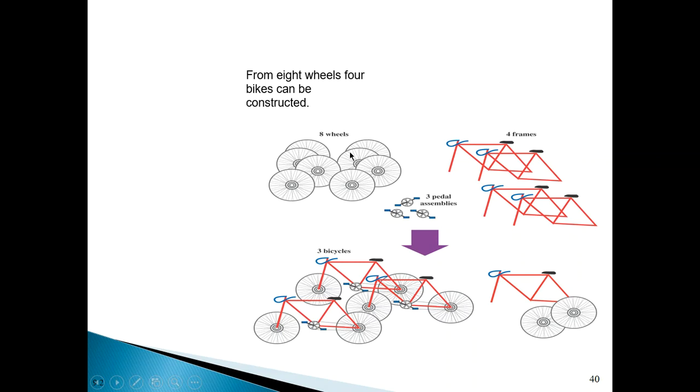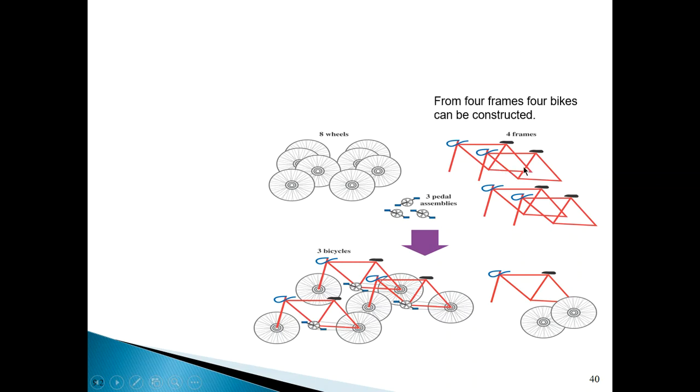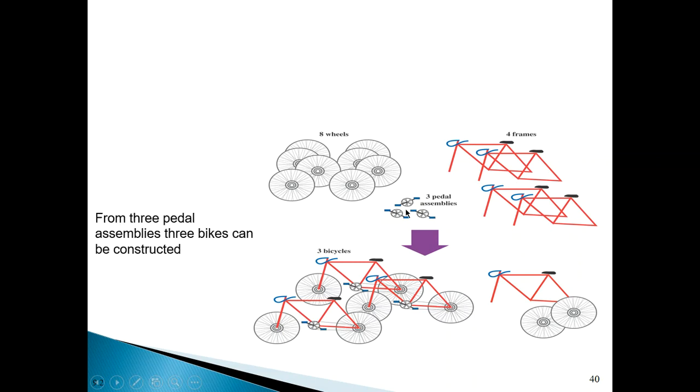Because there's a 2-to-1 ratio between the wheels and the bicycle. Similarly, we can use 4 frames that are provided here to manufacture, again, 4 bicycles, all right? Based on the equation again. And then as far as the pedal assemblies are concerned, we can use 3 of them to make 3 bicycles, all right?